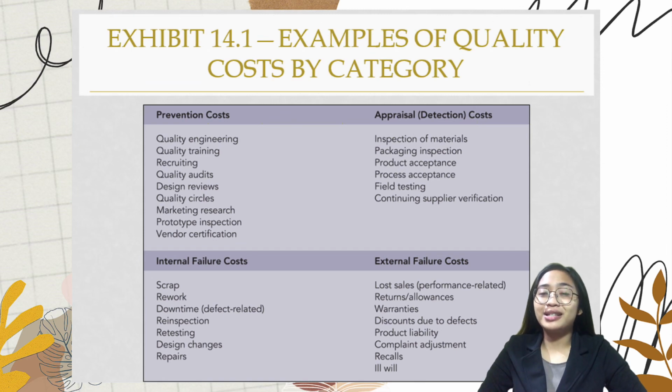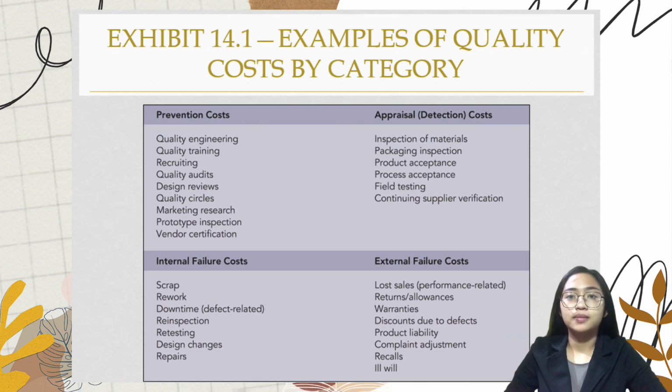Shown or flashed in this slide is Exhibit 14.1, which are the examples of quality cost by category. In prevention costs, we have quality engineering, quality training, recruiting, quality audits, design reviews, quality circles, marketing research, prototype inspection, and vendor certification.